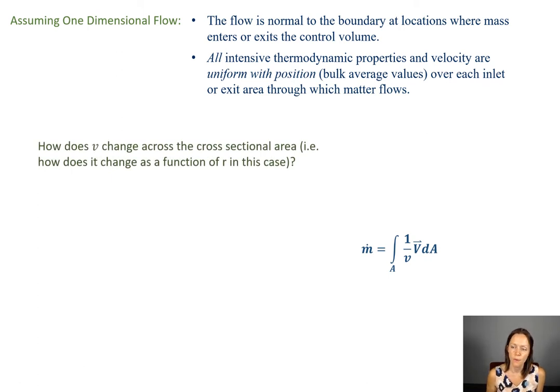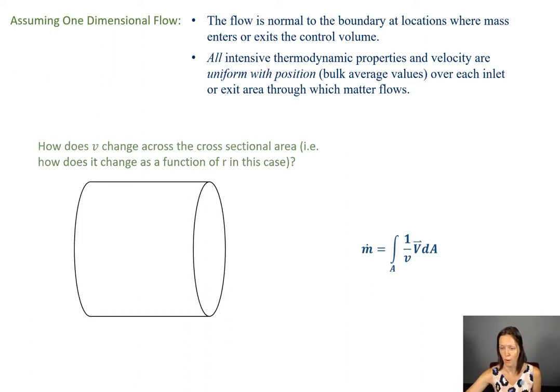What we want to know is how does the specific volume change across that cross-sectional area. For example, if you've got a pipe, which we're going to see in a second, we want to know how it changes with respect to the radius, right? If you're closer to the center of that pipe, or if you're closer to the pipe wall itself, is the specific volume going to change? That's what we're asking.